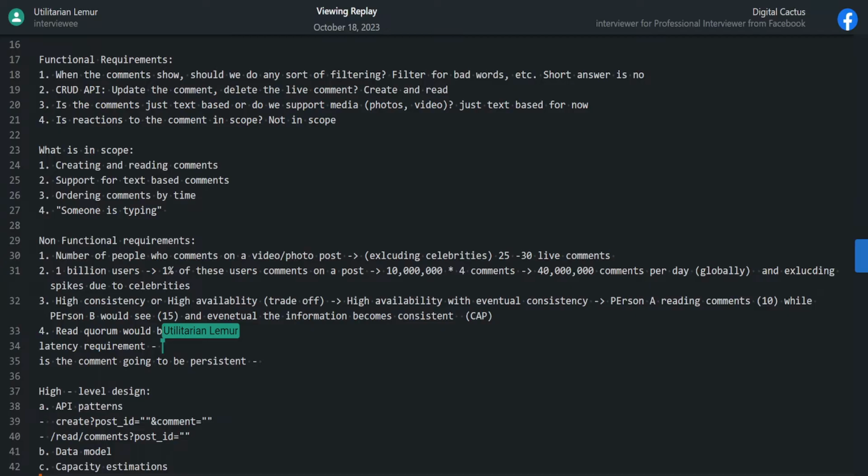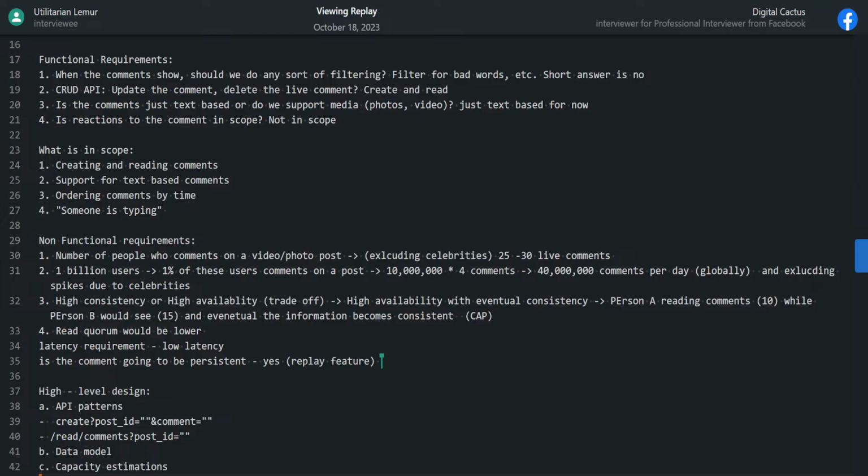I think the latency requirement goes back to the availability question, in terms of how quickly you want to return the information. This should be low latency. And if the comments are going to be persistent, yes. And this goes back to one of the functional requirements that I should have asked about, which is a replay feature. Since we're doing live comments here, do we want the ability, when someone clicks the video all over again and the live section is done, to reload it?